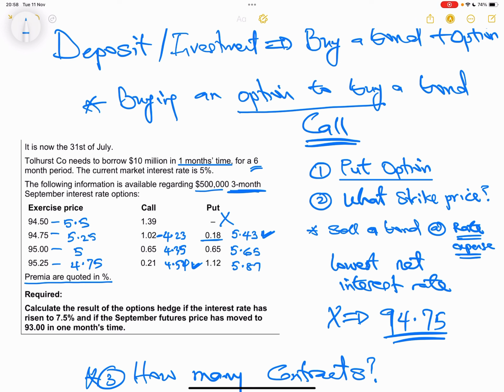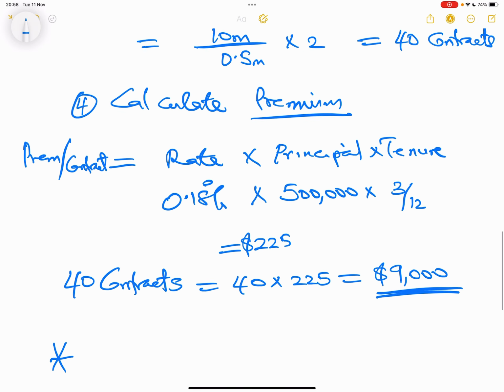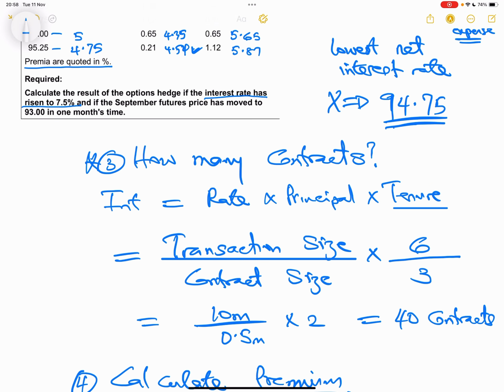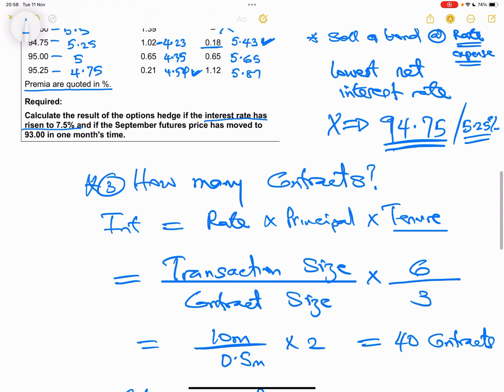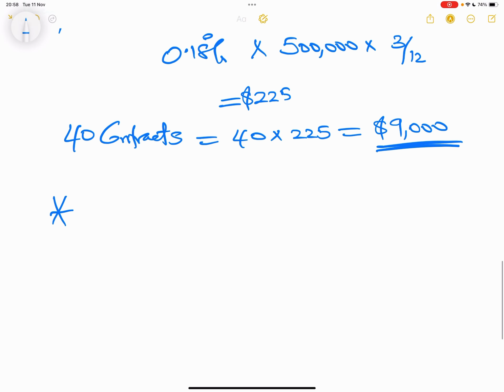And if you look at what they've said about the market, the future interest rate has risen to 7.5. So if we have an option at the strike price of 94.75, which is invariably 5.25%, we have an option to actually pay interest at 5.25. And market has gone to 7.5. Then that option definitely is in the money. So we will exercise.